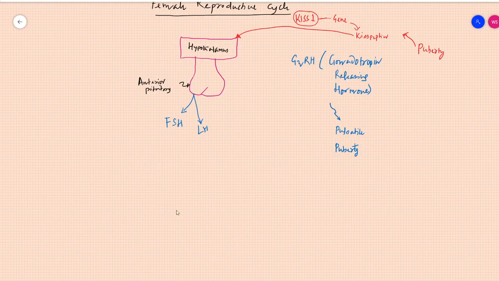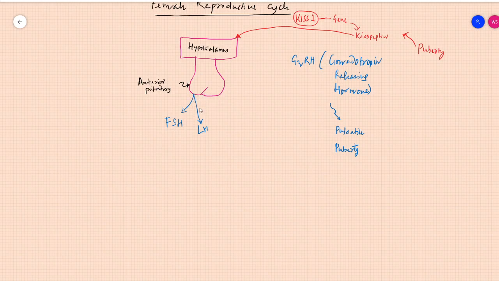Up till now we have been talking about development. We talked about how a sperm and an egg fuse to form a zygote, and the zygote gives rise to the organism.